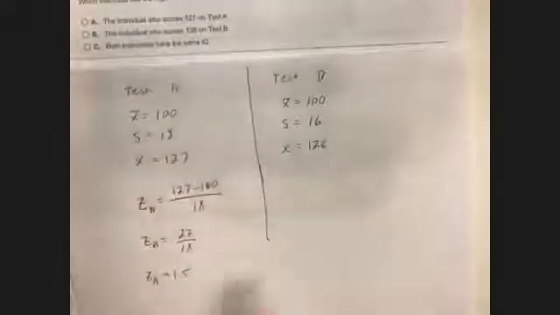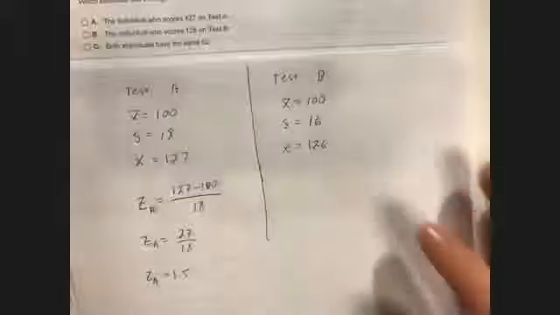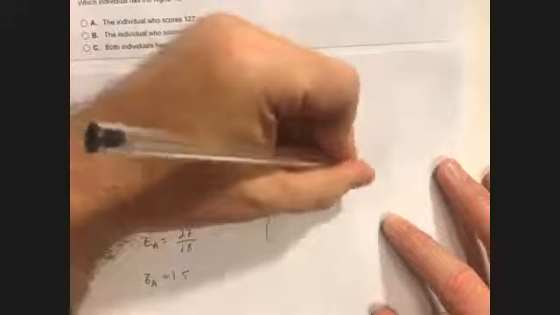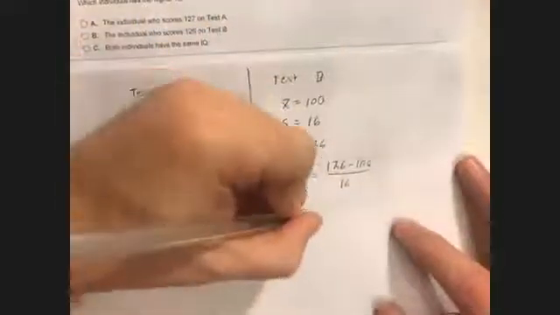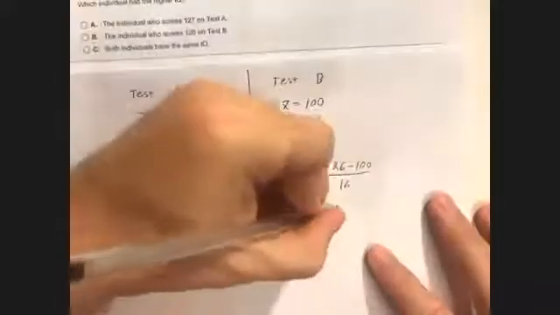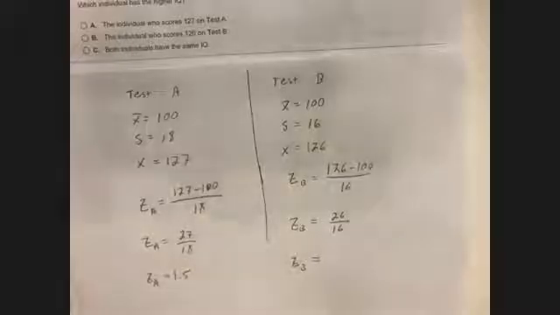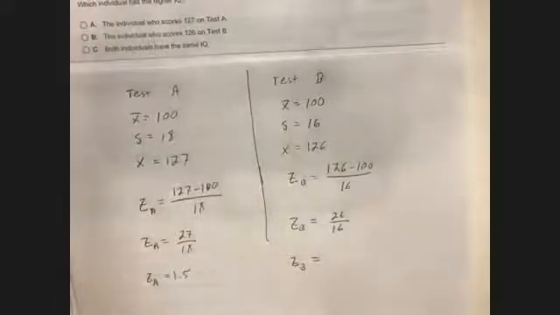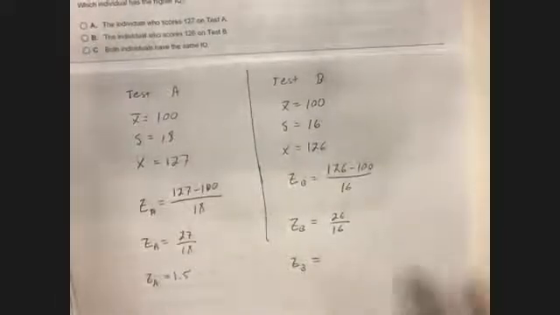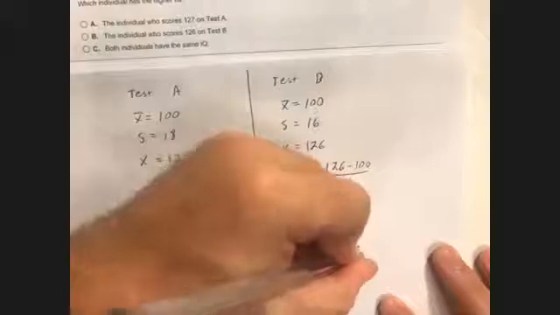I want to see what happens to this one. So z sub B is 126 minus 100 over 16. That's 26 over 16, and 26 divided by 16 is 1.625.